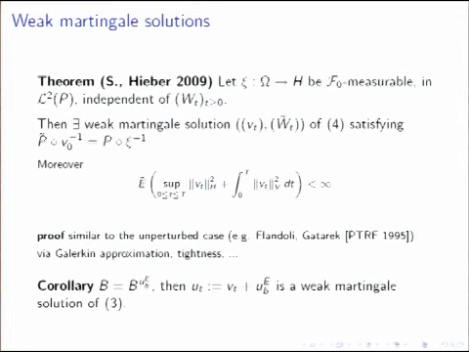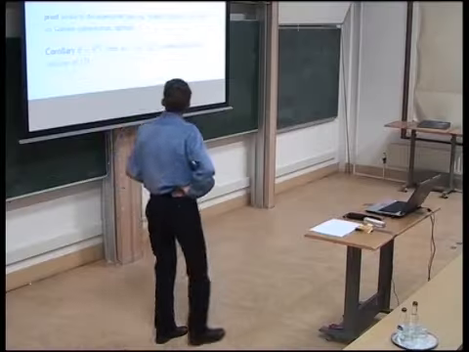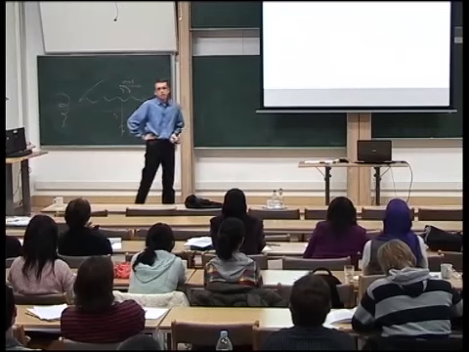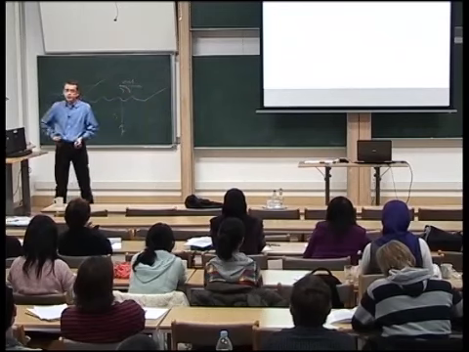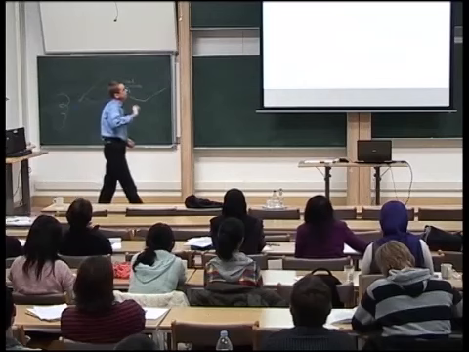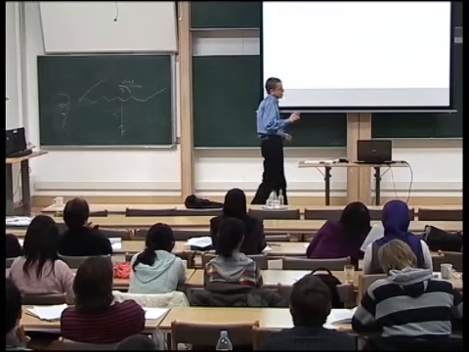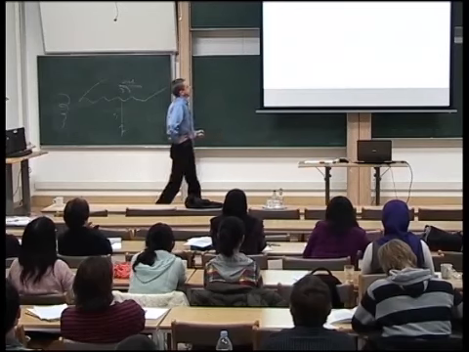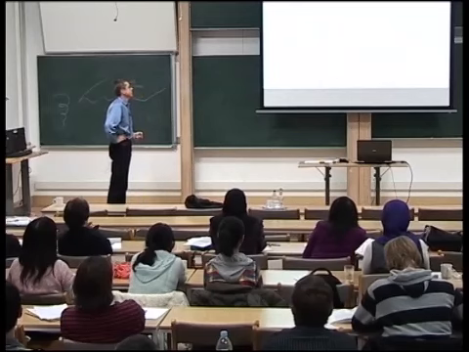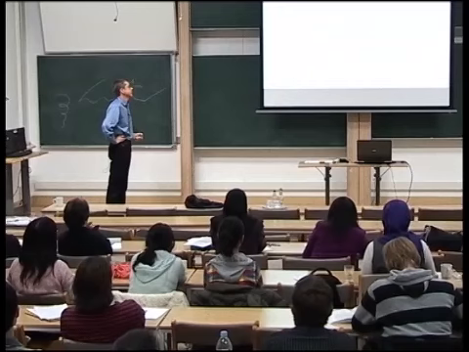And you have these energy estimates which are familiar from the unperturbed Navier-Stokes case. In this respect the result is the same, and the proof is also similar to the unperturbed case. So you can deal with the perturbation B as in the case where B is equal to 0. We took, for example, the seminal paper by Flandoli and Gatarek in PTRF from 1995.